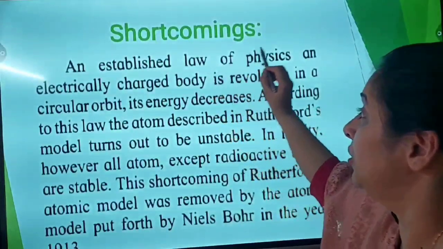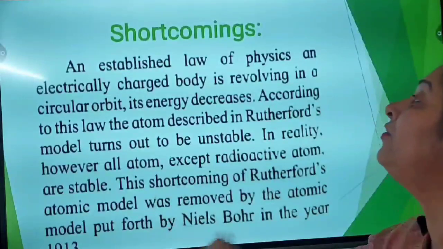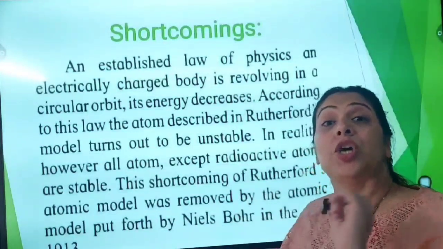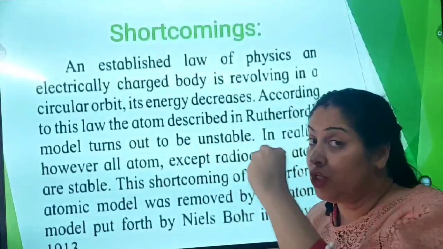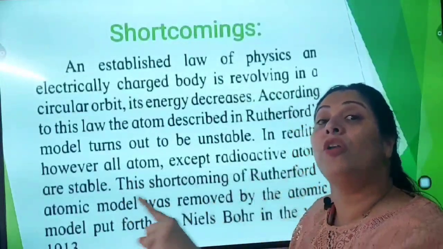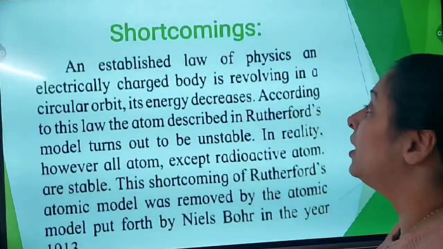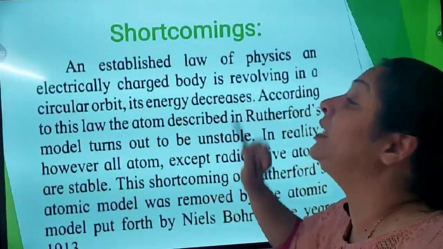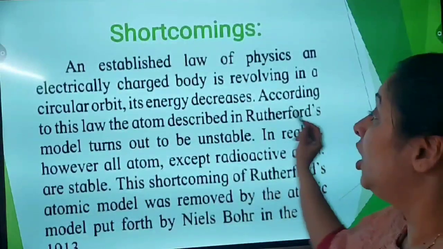As an established law of physics, an electrically charged body revolving in a circular orbit loses energy. There's a positively charged nucleus, and around the nucleus there is something revolving in orbits. So when the body is revolving in a circular orbit, its energy decreases. So electrons की energy decrease हो रही है.